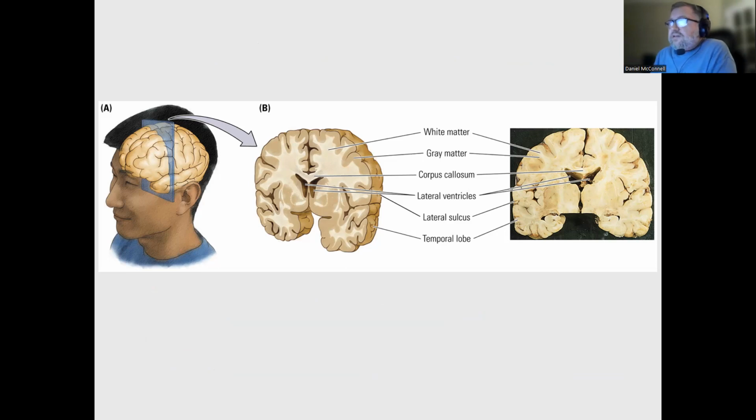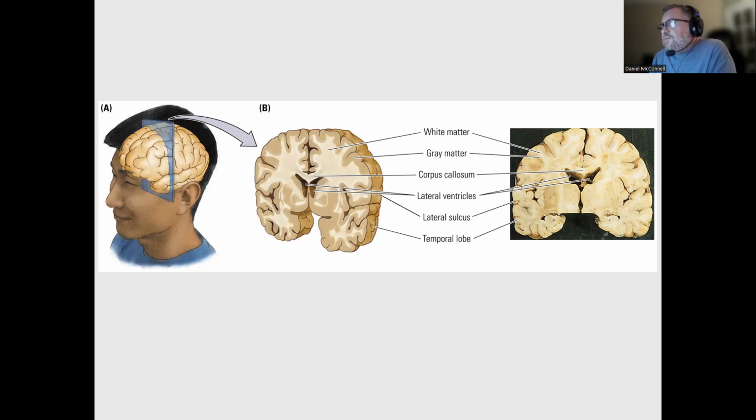So again, we're now looking at a medial view, right? We've taken a frontal section, and we can see the gray matter. The gray matter is in the outer layers of the cortex, and that's where we're going to find a lot of neurons in terms of their cell bodies.